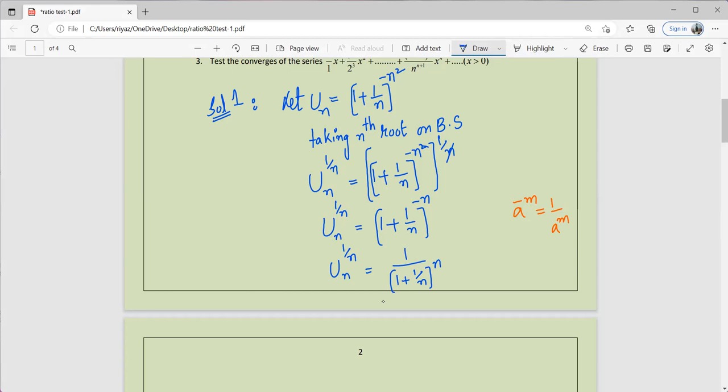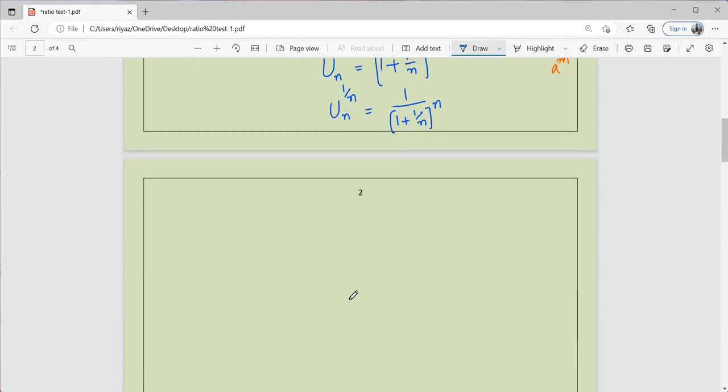Finally, we have to apply the limit n tends to infinity on both sides and conclude this part. Taking n tends to infinity, the limit of u_n to the power of 1 by n is equal to the limit of 1 over (1 plus 1 by n) whole to the power of n.